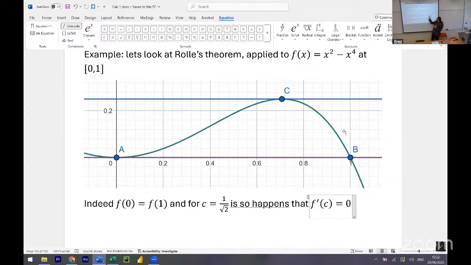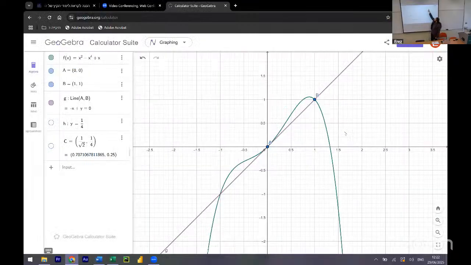I took the chord between 2 points, and I found out this is the tangent here. So here I take this chord. What do I expect there to be? Exactly, at some point, the tangent will be parallel to this chord.